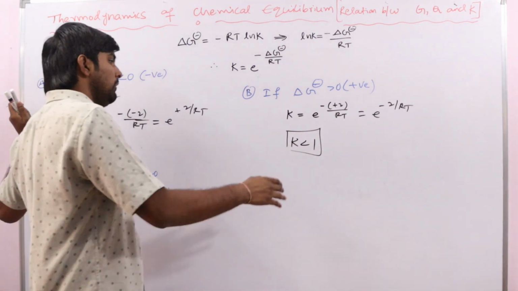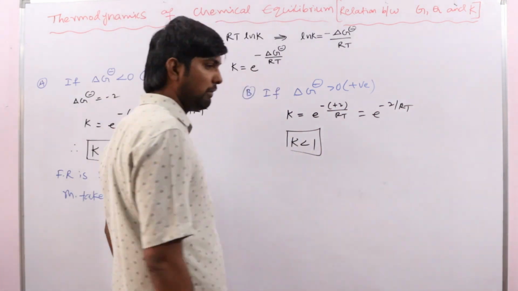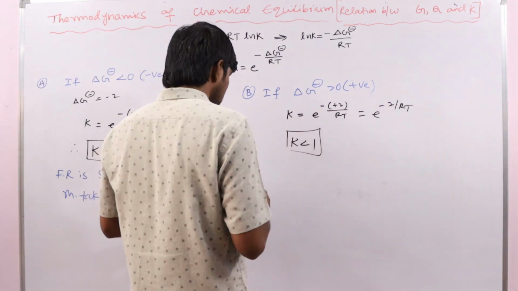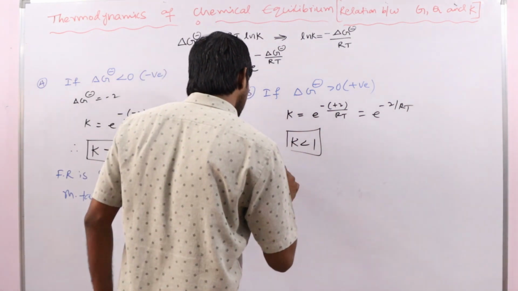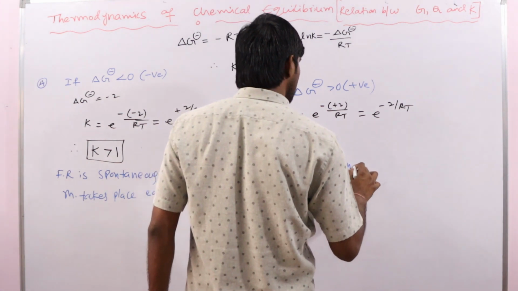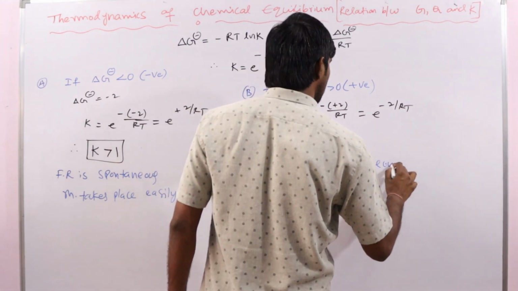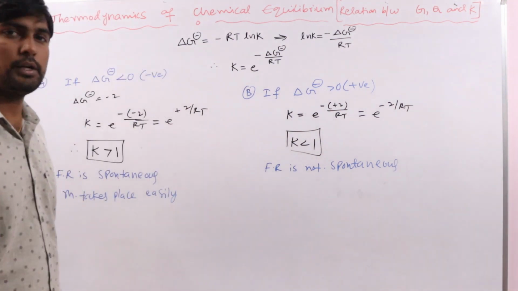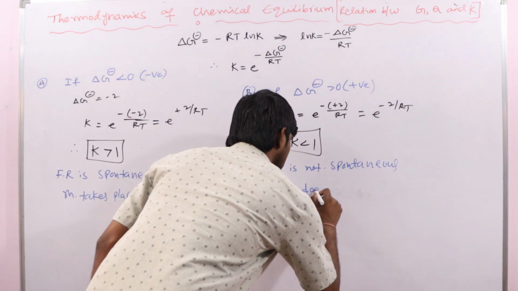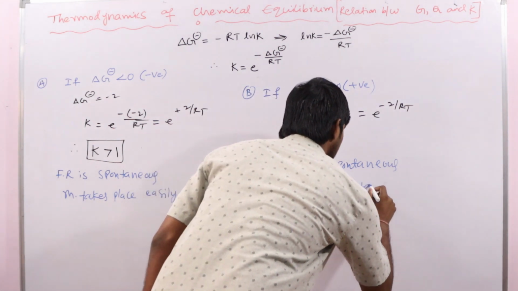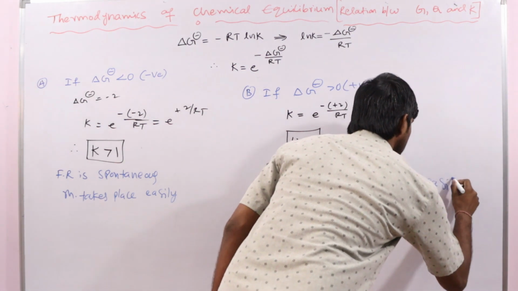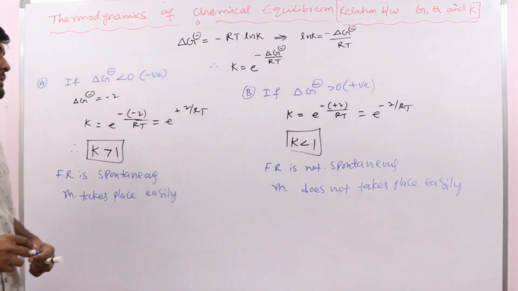Next, when K is less than 1, the forward reaction is not spontaneous and the reaction does not take place easily.